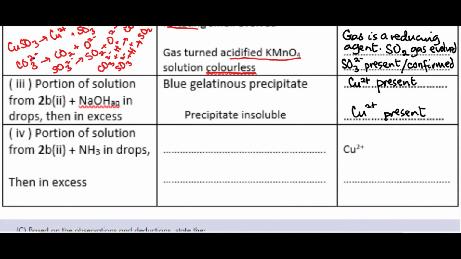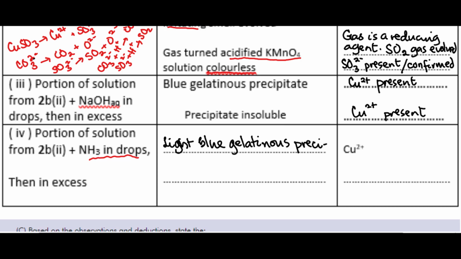So let's move on to the next question, and probably the last question. Portion of solution from 2BII plus ammonia in drops. We've already been told that copper 2 ion is present. This is ammonia in drops. We expect light blue. If you like, you can just write blue. Light blue gelatinous precipitate.